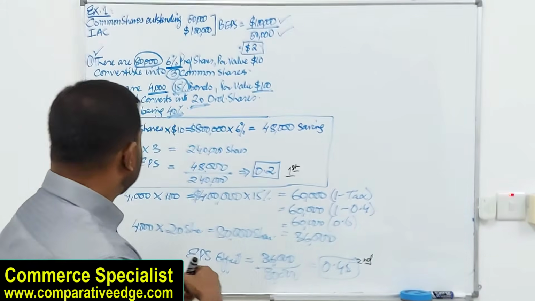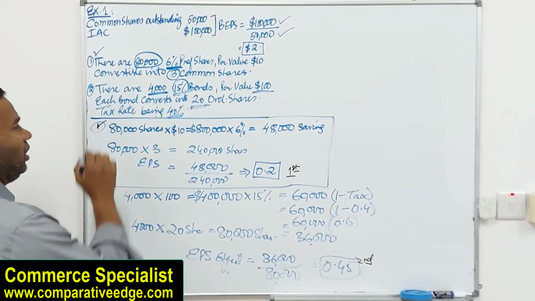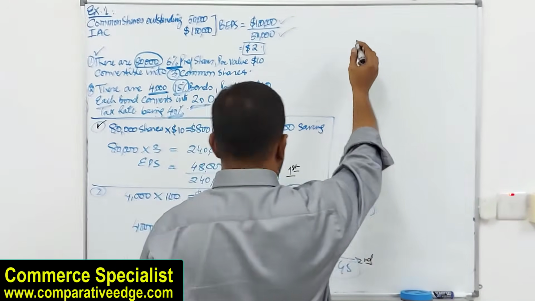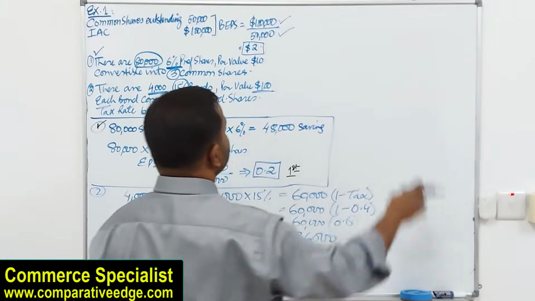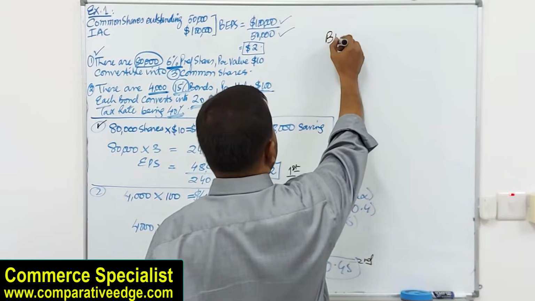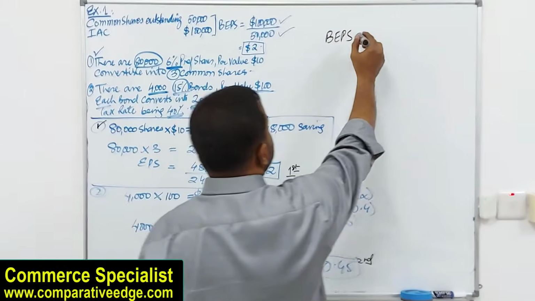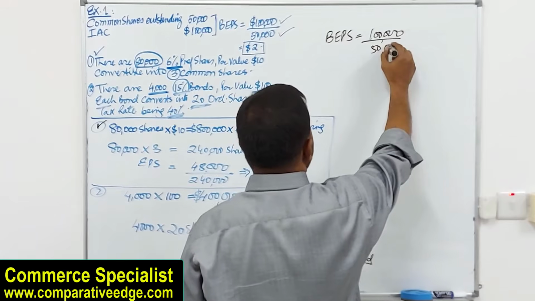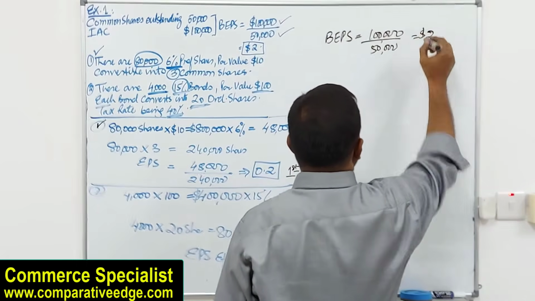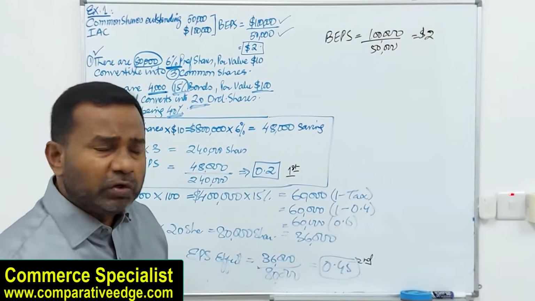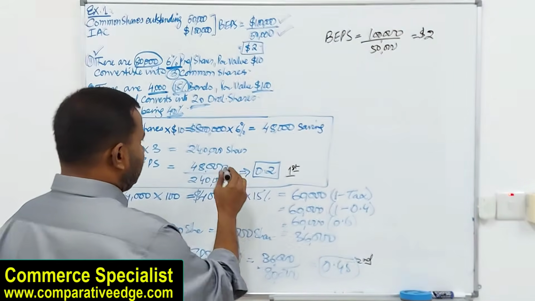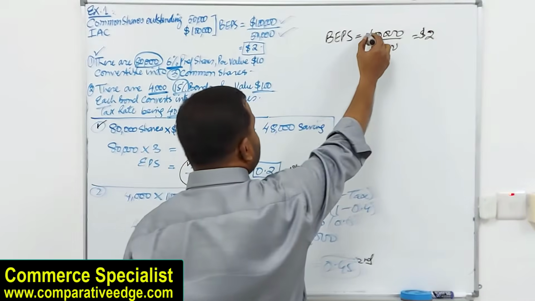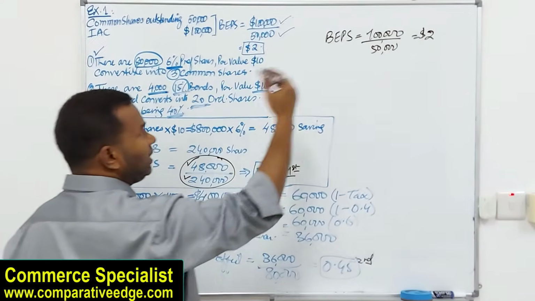So have a look at this. I am looking at the conversion of preference shares first. My basic earning per share, known as BEPS, was 100,000 divided by 50,000 shares, which came to $2. Now I am going to incorporate these: numerator added with the numerator, denominator added with the denominator.